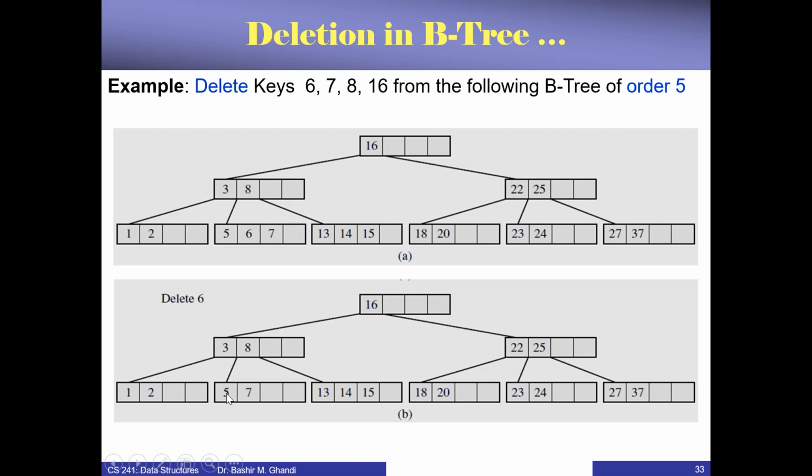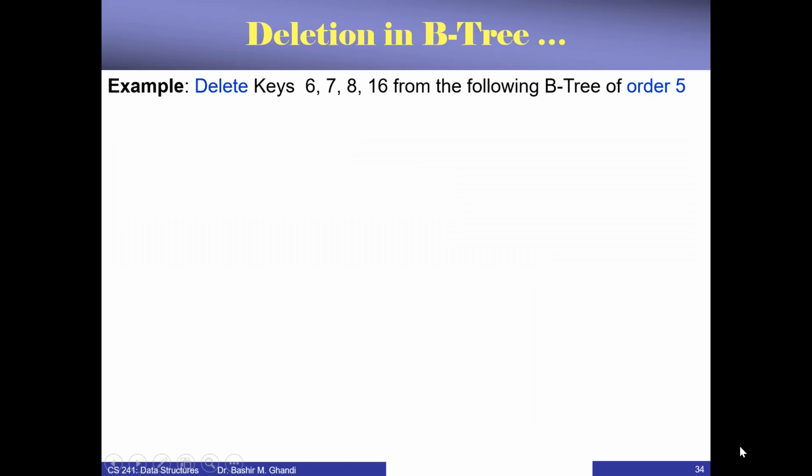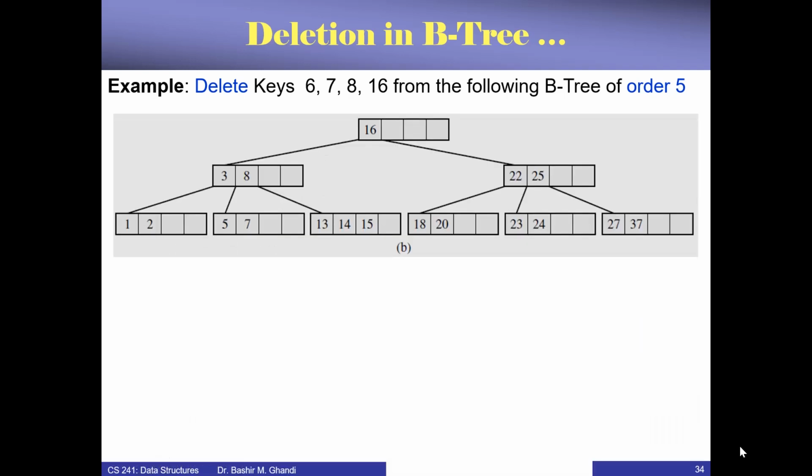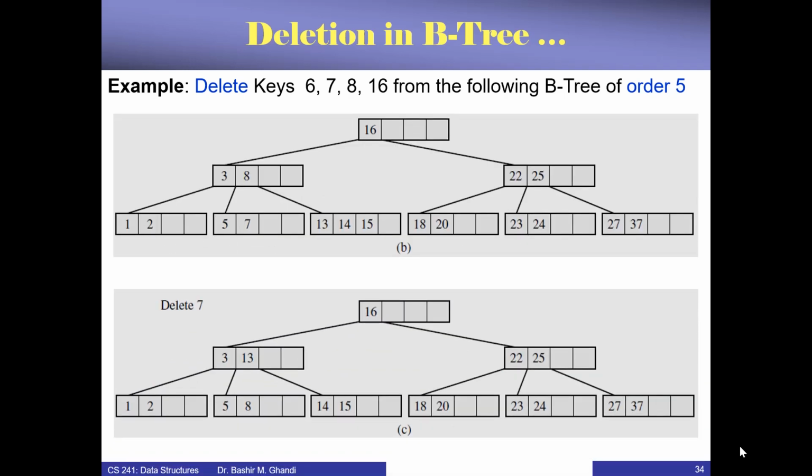And here we will be left with 5, 8. And 7, of course, will be deleted. So this is what you have after deleting 7. I just reproduce the figure there. So after deleting 7, 13 will go up to be the new parent, and 8 will come down to join the node, and 7 will of course be deleted.